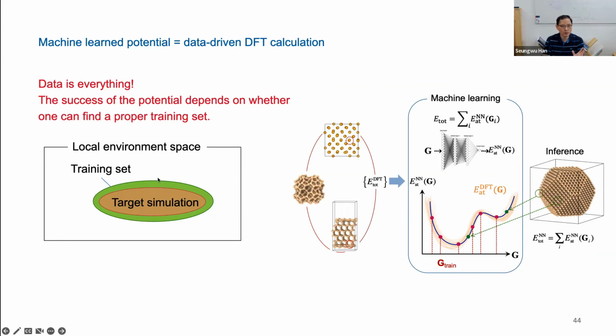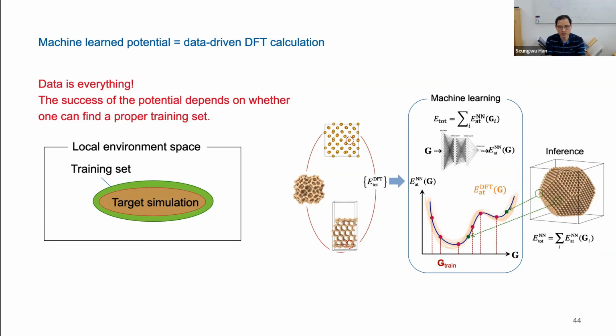So suppose in a local environment space, if this is the target simulation, then our training set should include, okay, right just outside of the target simulation, because this is the huge space, and therefore we should not sample the whole space. But if we can sample the simulation tightly, then you are very successful, right?